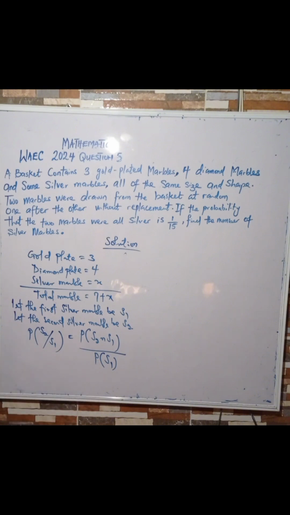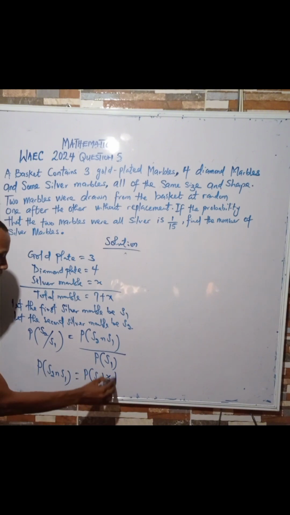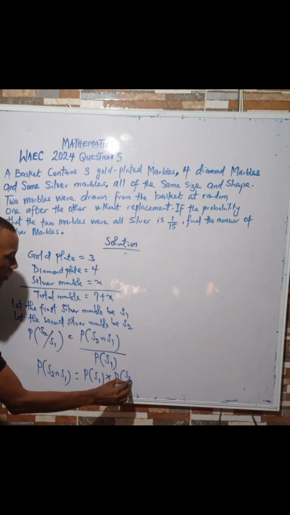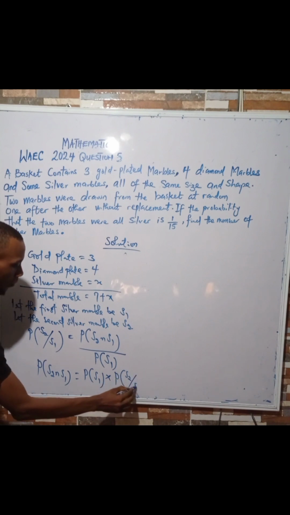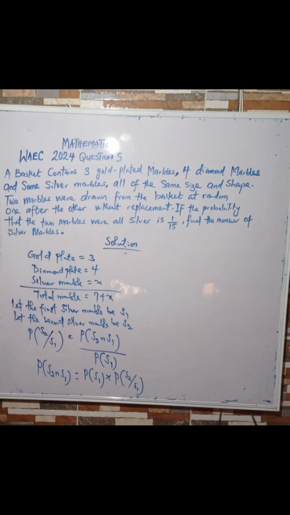If you read the question carefully, we can now cross multiply this. We are going to have the probability of X2 and X1 equal to the probability that the first marble has been picked times the probability that the second marble is picked, given that the first marble has been picked.